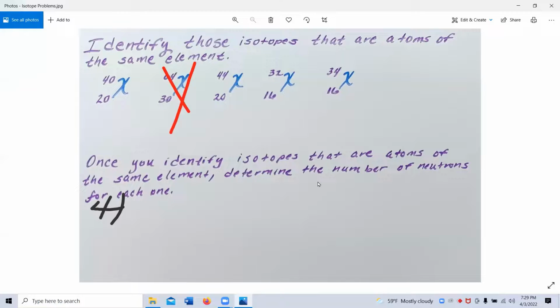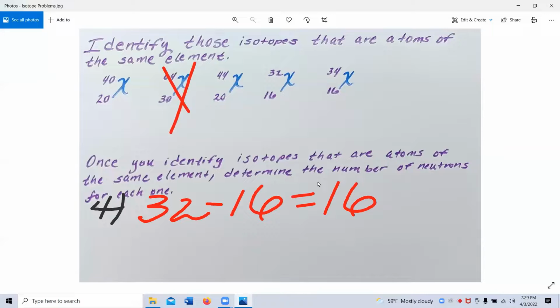We're going to have to take the difference between the nucleon number and the atomic number. So looking at the 4th element up here, we take the nucleon number, which is 32, and you subtract off the 16, which gives you 16 neutrons.